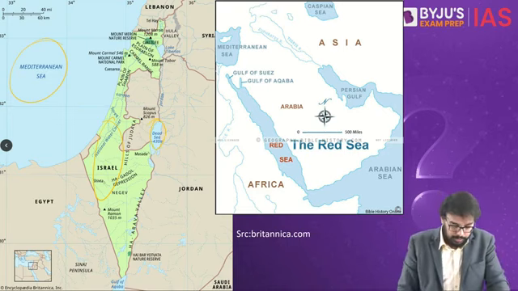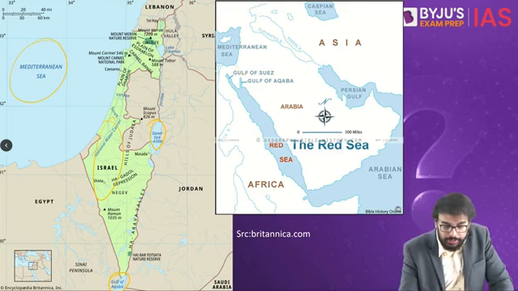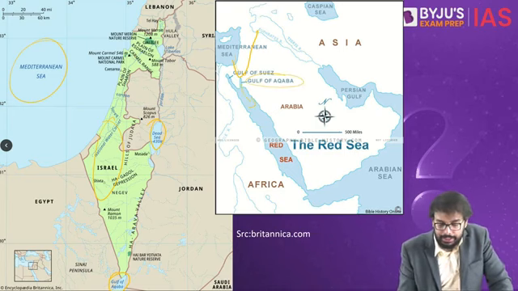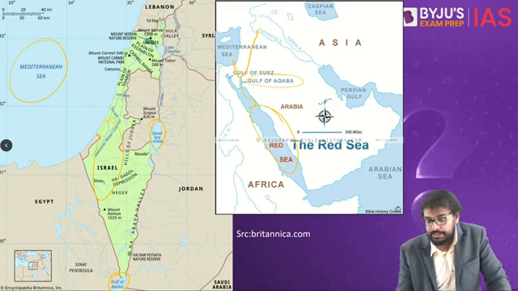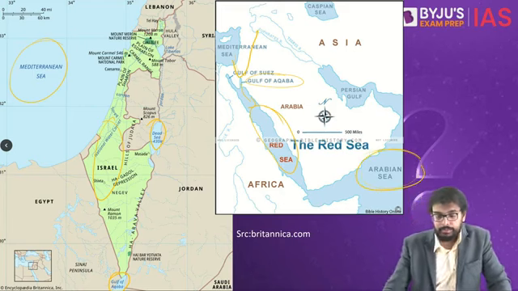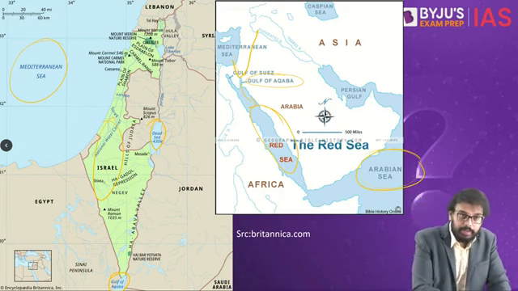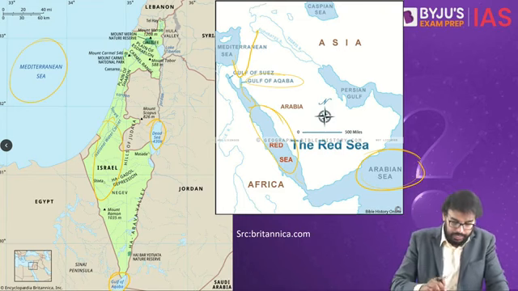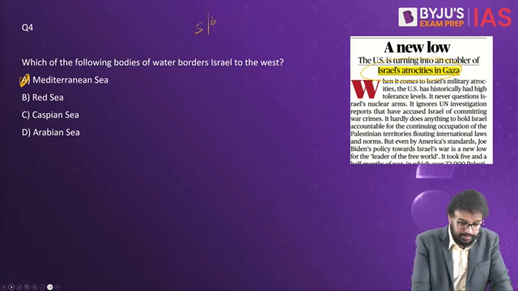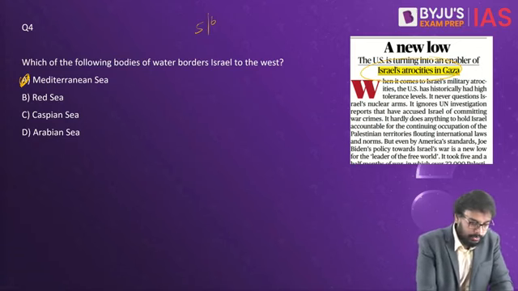Israel also borders the Gulf of Aqaba. Via the Gulf of Aqaba, Israel can also enter the Red Sea and then the Arabian Sea. So Israel borders the Mediterranean Sea, the Dead Sea and the Gulf of Aqaba. So the answer has to be A.